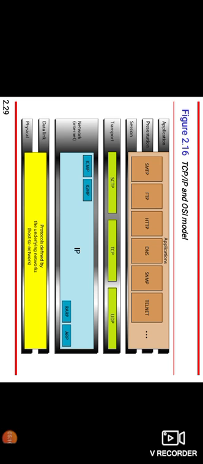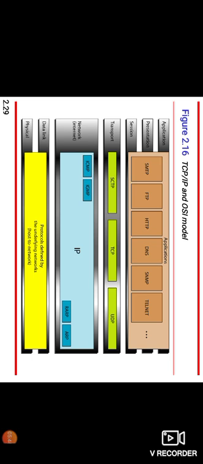TCP/IP supports the internetworking protocol, that is the IP. It mainly deals with the internetworking protocol. The internetworking protocol uses 4 other supporting protocols: ARP, Address Resolution Protocol, RARP, Reverse Address Resolution Protocol, ICMP, Internet Control Message Protocol, and IGMP, Internet Group Message Protocol.